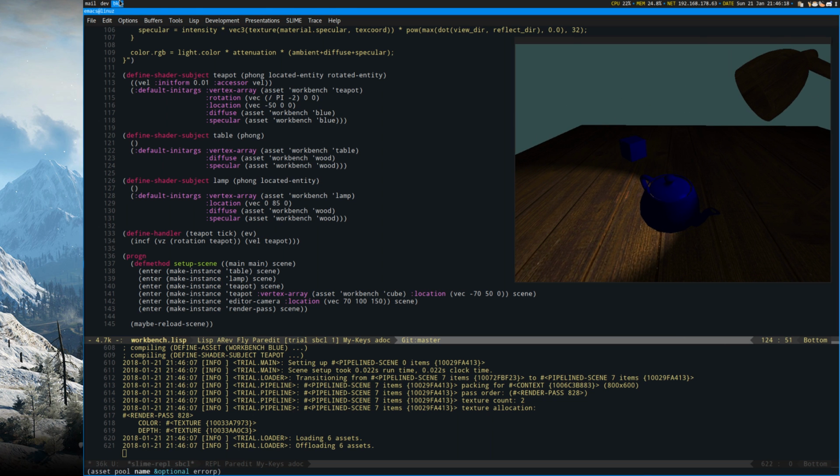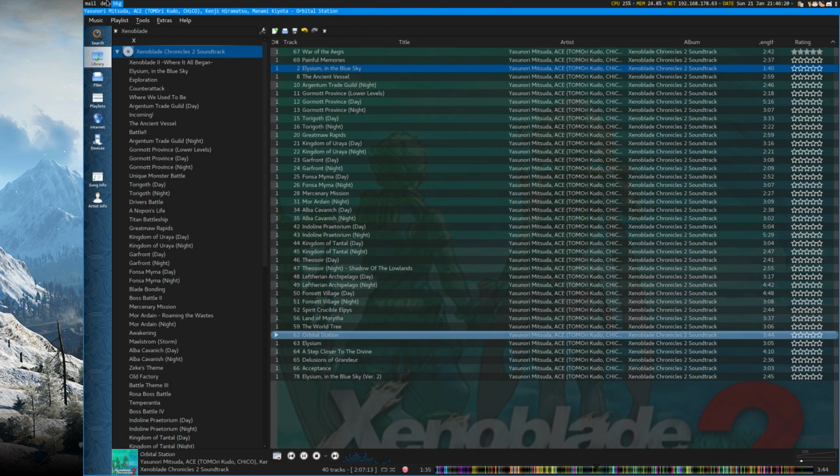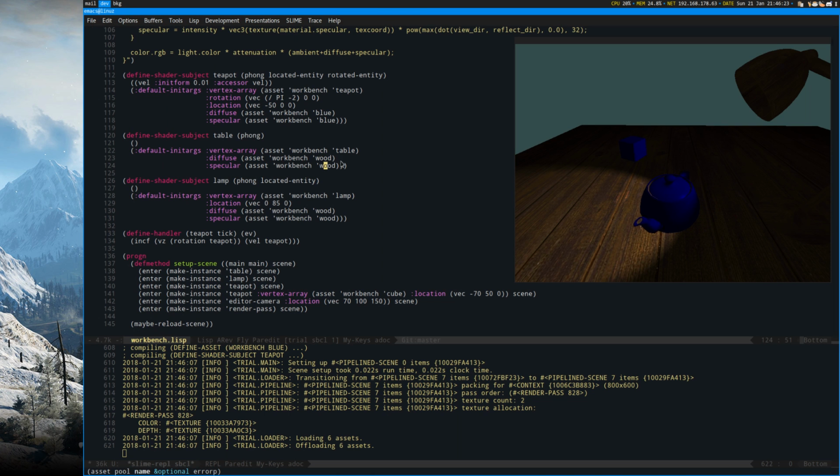Much more specular though, so, or let's just make it white.